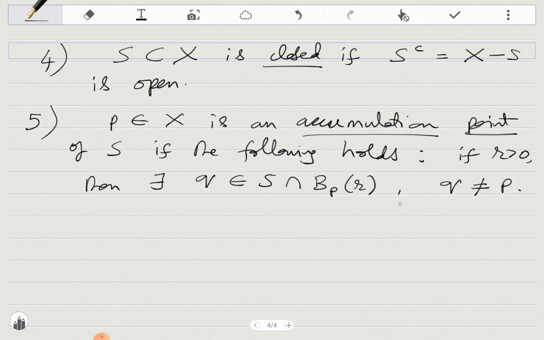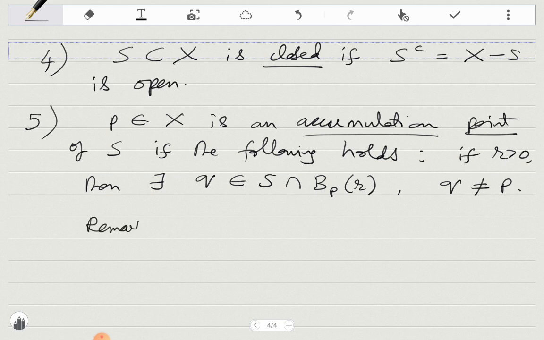I'm not assuming that P belongs to S. P can be either in S or not in S. Even if P is in S, it's not automatically an accumulation point because we demand that this Q should be different from P.